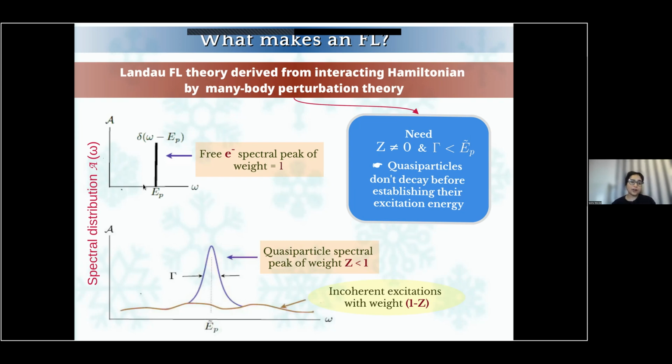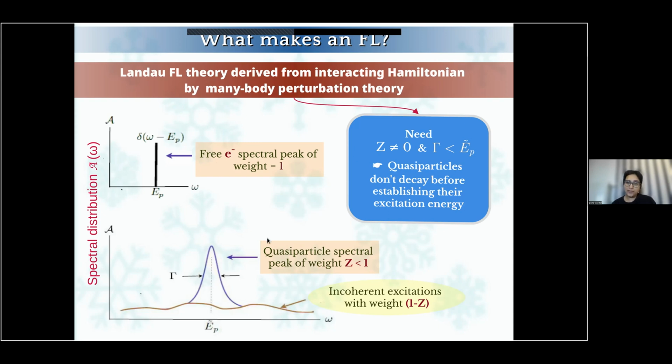If we draw the spectral function A, first for a free system, then the excitation has a delta function peak, which has weight 1. If we move to an interacting system, this delta function peak becomes a Lorentzian, and its weight reduces from the value 1. The rest of the weight is shared by some incoherent background excitations.